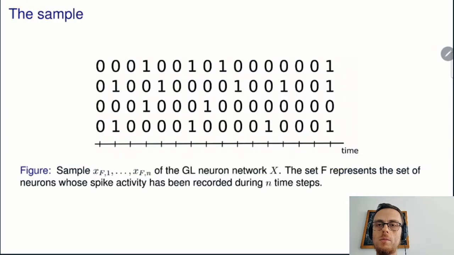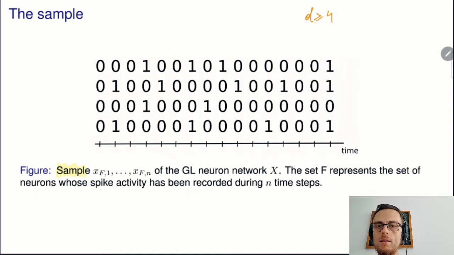And of course, when we speak about an estimation problem, our knowledge about the parameter of interest, which is in this case the interaction neighborhood V_i, comes through a sample. So let me explain what I mean by a sample. Imagine that we have a GL neural network with D larger or equal than 4, meaning that we have at least 4 neurons.